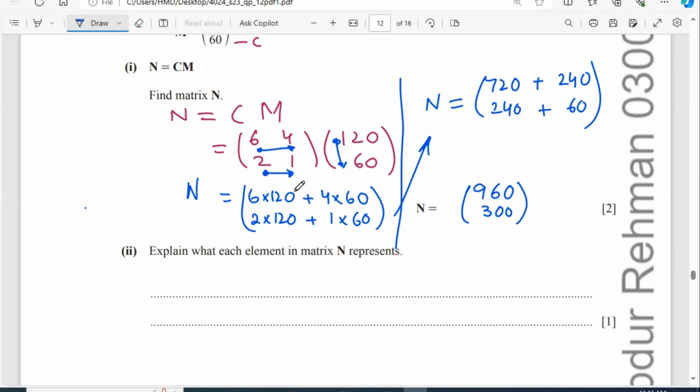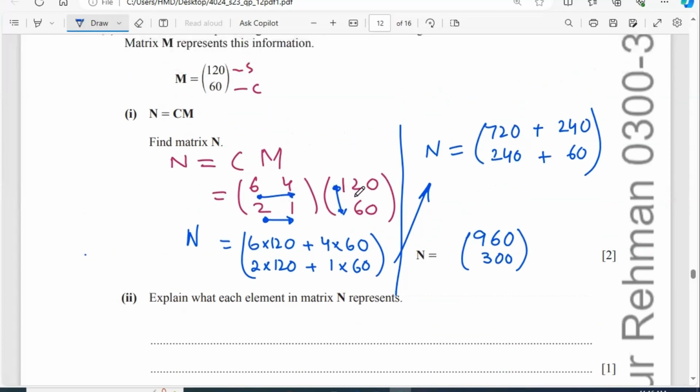So matrix N is quantity multiplied by mass. It means this is the mass of large bag, and this represents the mass of small bag.